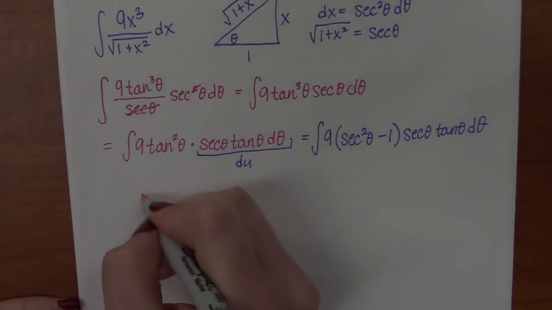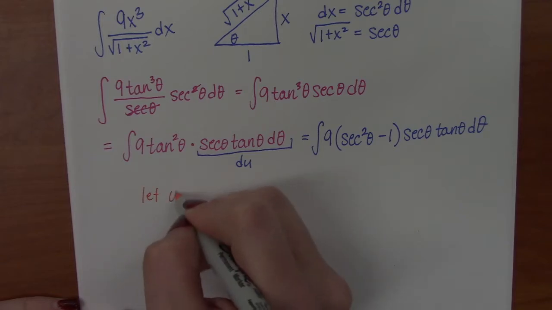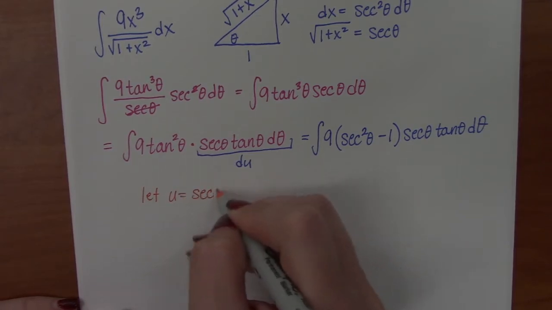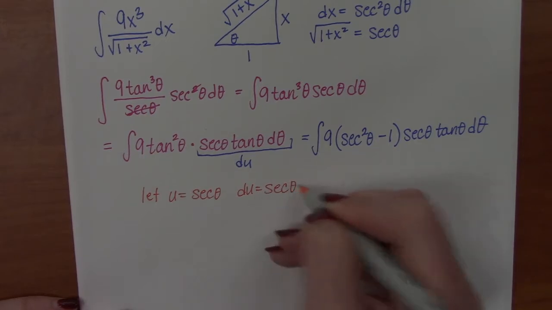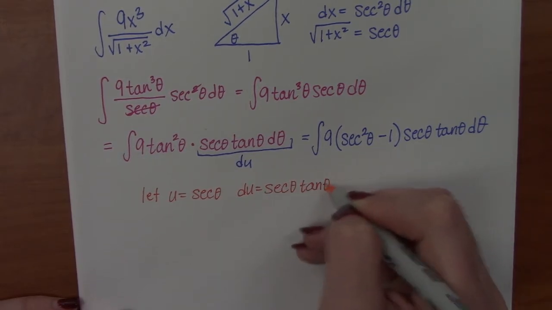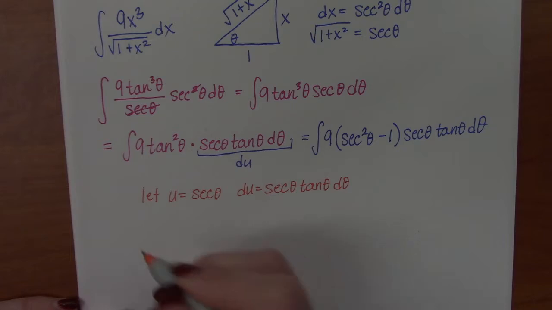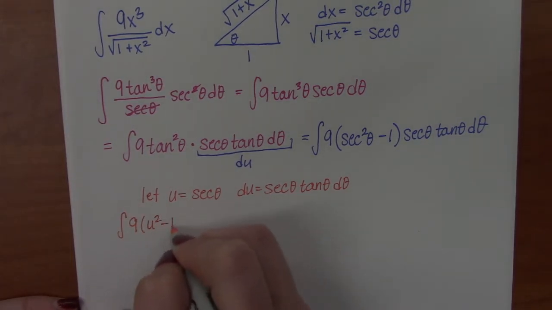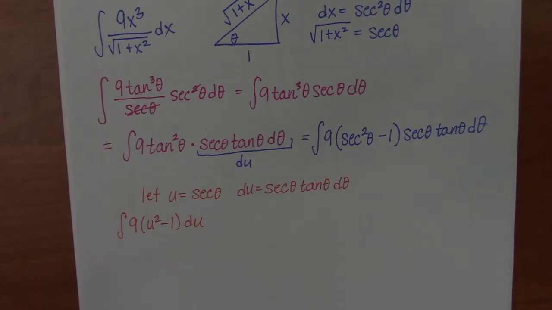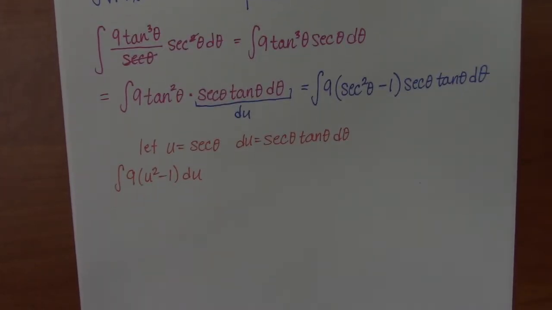So now what I have is, if I let u be secant theta, then my du is secant theta tan theta d theta. So my integral would just become 9 times u squared minus 1 du. And that's a very easy integral to integrate.